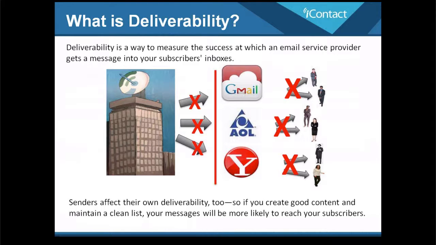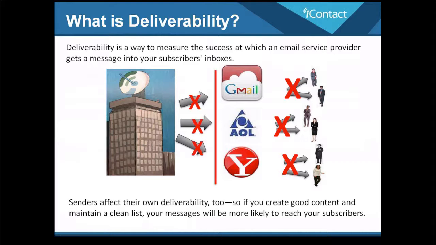Now, as an industry-leading email sender, iContact must maintain a positive reputation with each of the internet service providers. iContact requires its customers to adhere to our anti-spam policy and encourages email marketing best practices. iContact therefore keeps a healthy sending reputation with the ISPs and is able to provide high message delivery rates averaging at 96%.